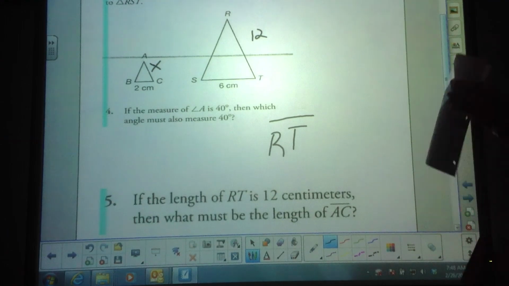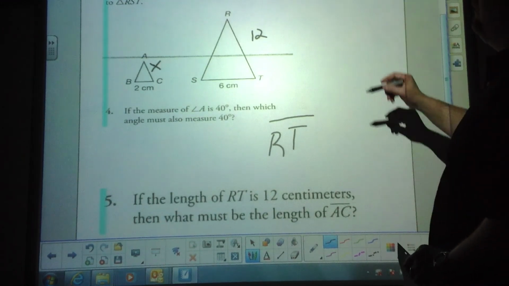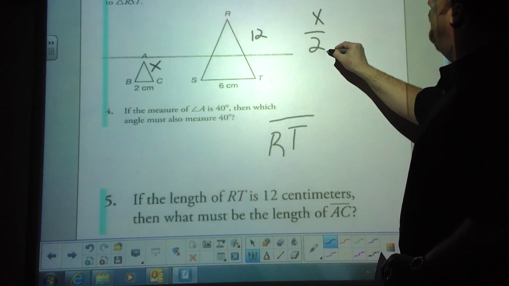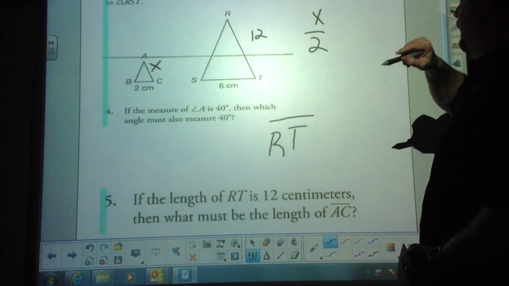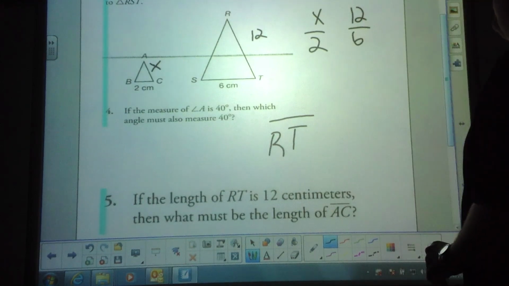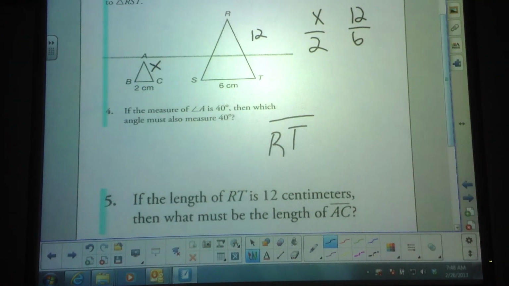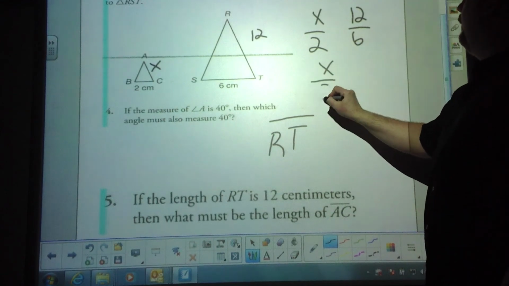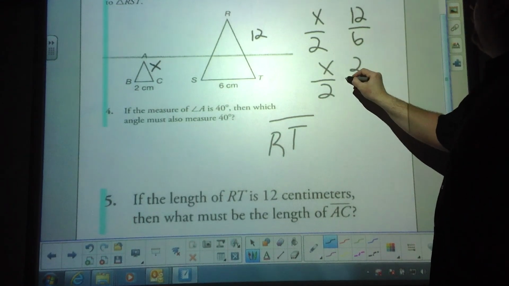And we will say x over 2 and 12 over 6. Again, you can go ahead and cross multiply now and come up with a one-step equation, or you can reduce this. I'd reduce it to x over 2 and 2 over 1.